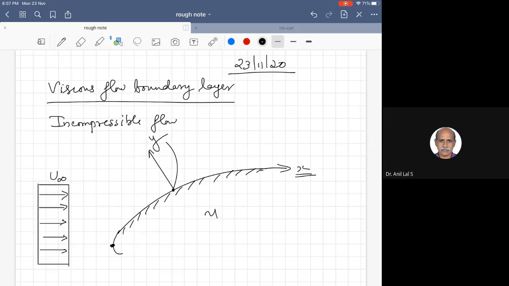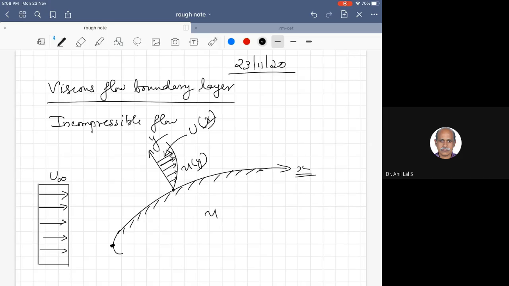So there will be a velocity variation normal to the body surface. The component of velocity along the tangential direction to the body surface will be varying as a function of y, that is distance normal to the solid wall, and at some y it will reach the value of a capital U. Capital U is called the potential flow velocity at that particular x.